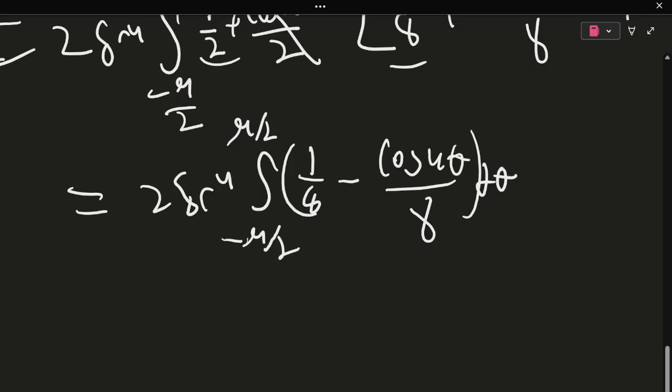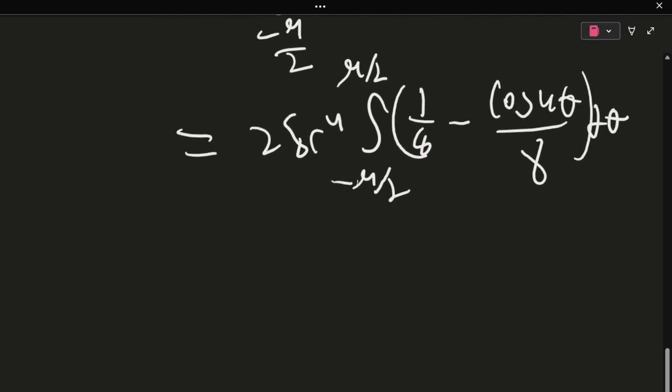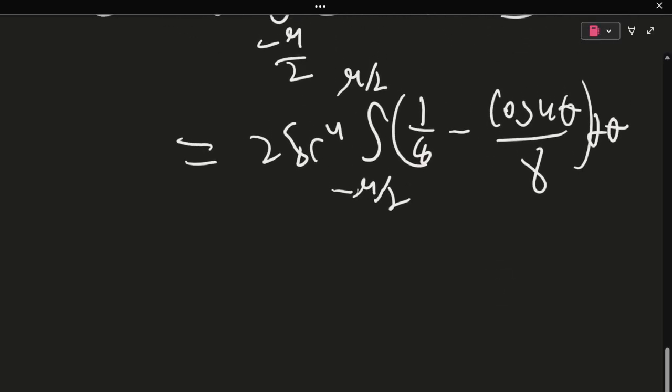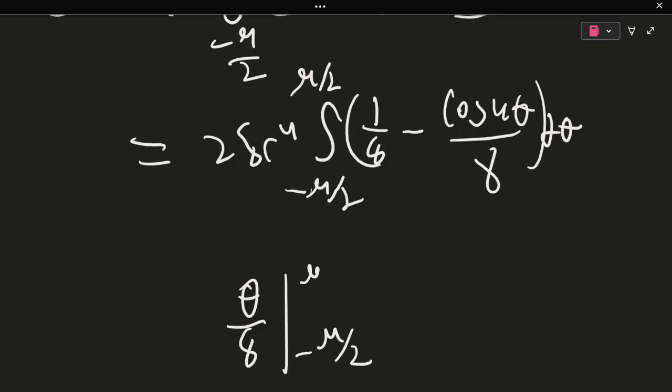So we will go ahead and integrate one part of our problem with just respect to regular theta. So we have 1/8, which can just be theta over 8, evaluated from negative pi over 2 to pi over 2.